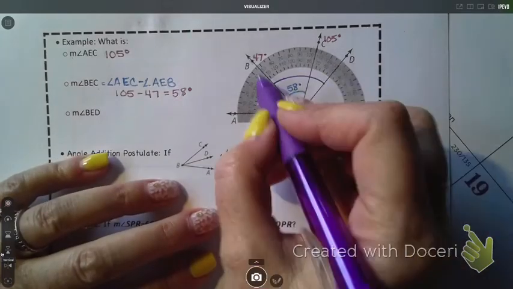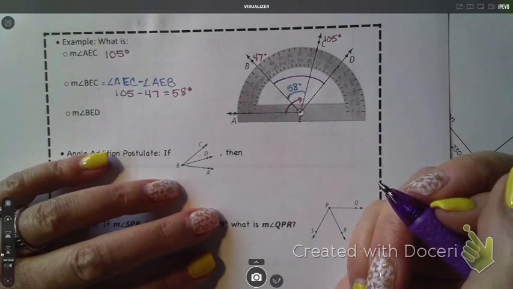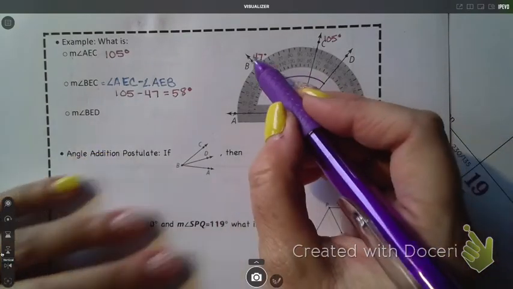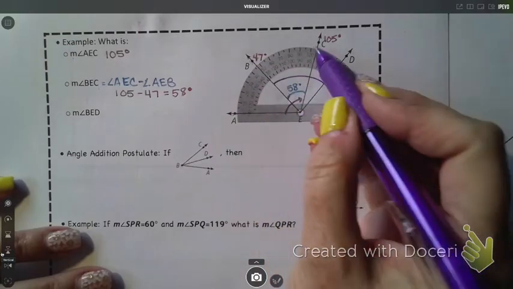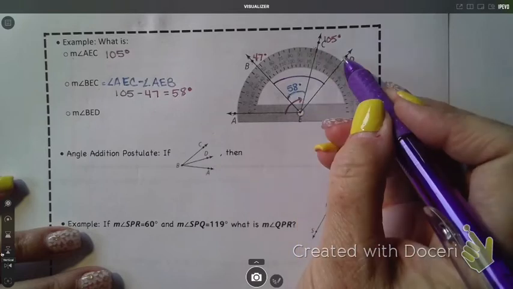Okay, so now I want BED. What am I going to have to do there? Measure. Add it on. Add the CD. If I have BEC, just add CED, okay?